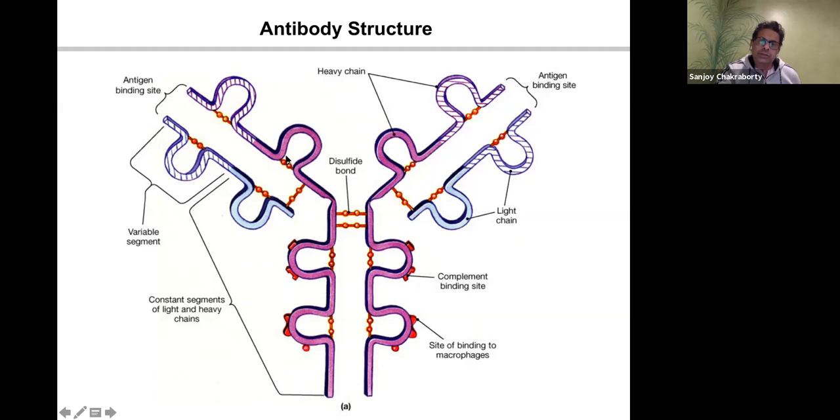If you pay attention to the antibody structure, the top part of both heavy and light chains is the so-called variable segment. That means in different antibodies, that's the one that varies. The bottom part of the light and the heavy chain, which in this picture is solid color, and this is the shaded color. The solid color part is called the constant segment, the constant part.